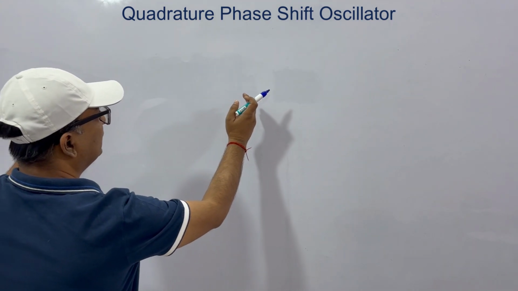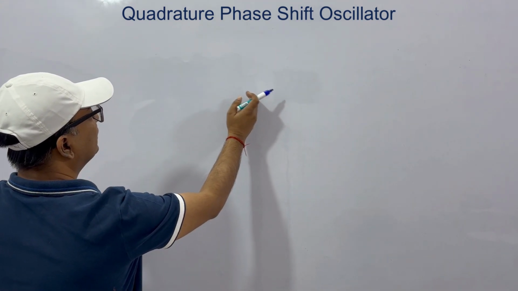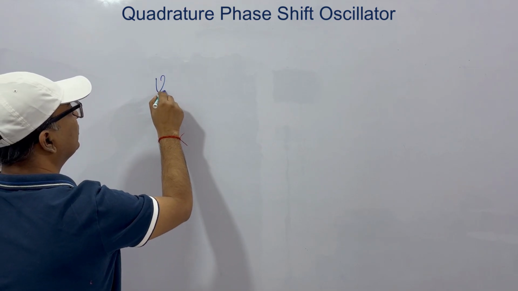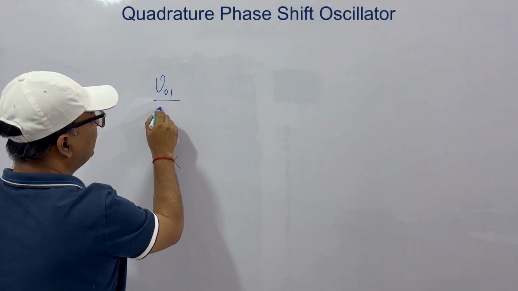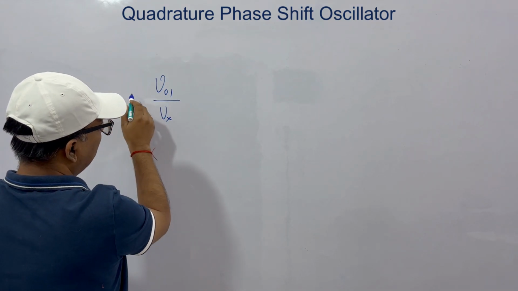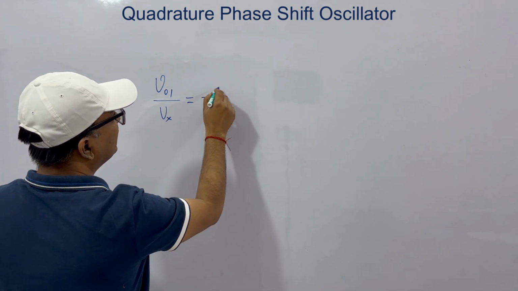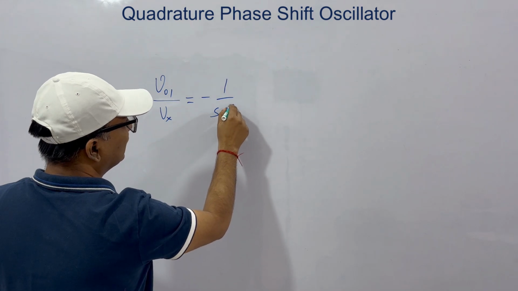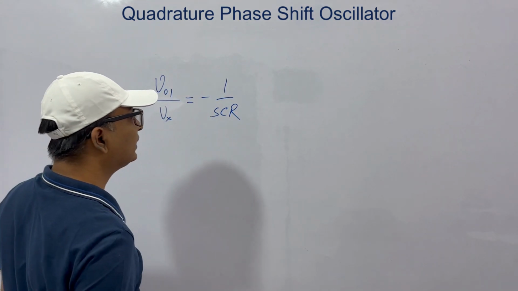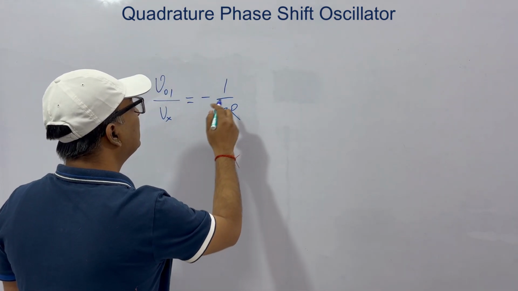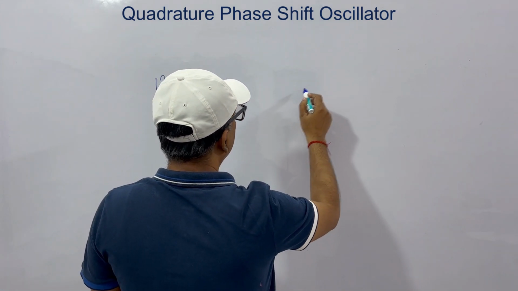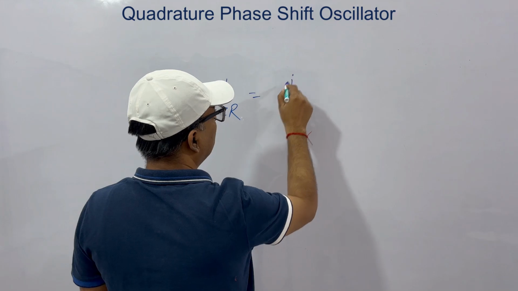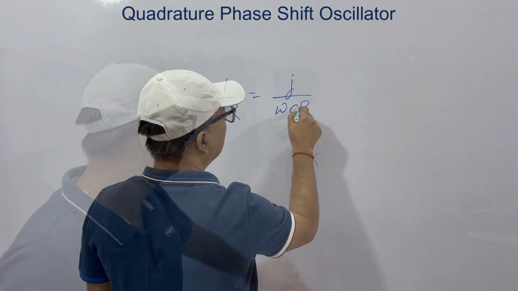So after the first integrator, the output was VO1, that is output of 1. So if you take VO1 by Vx, the input signal, this is given as 1 by SCR. C and R are the capacitors and resistors attached to the integrators. So this is from the first integrator, or in terms of j, it is written as j omega CR.